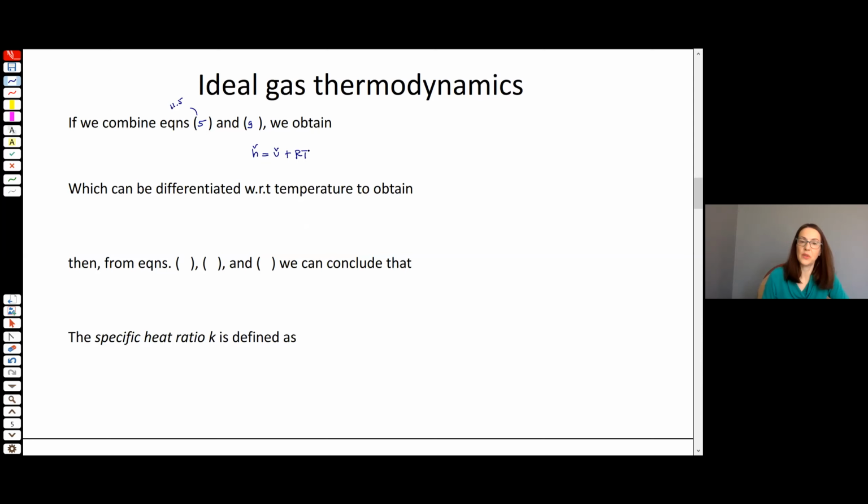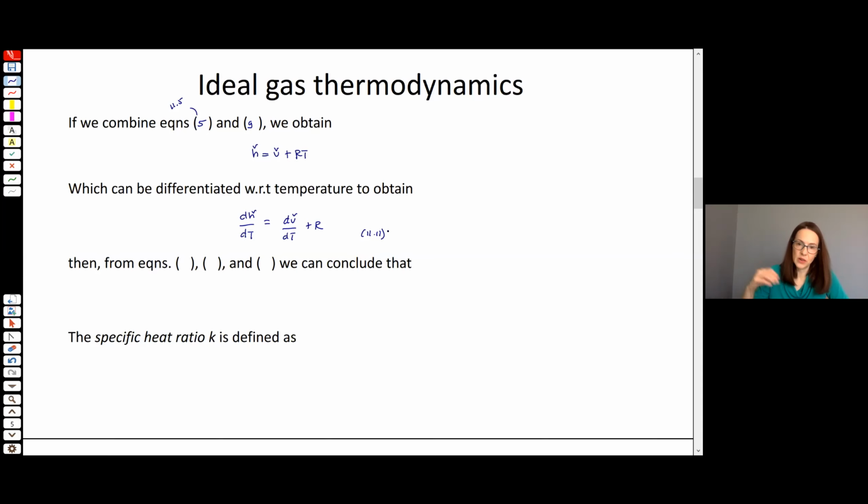And now we can differentiate that with respect to temperature, and we get this expression.